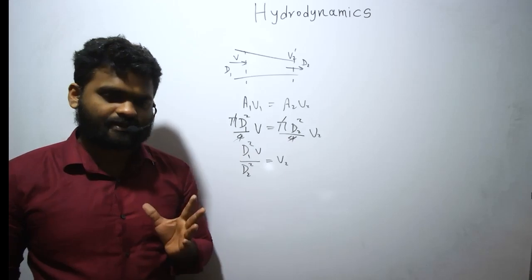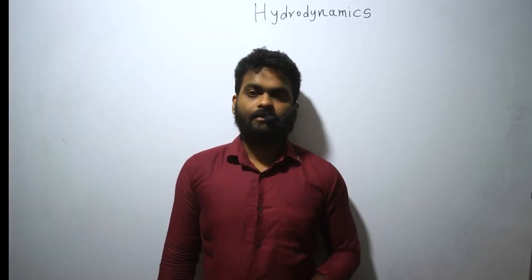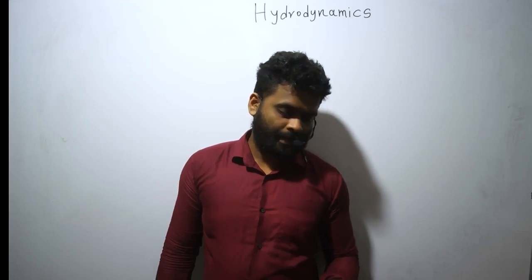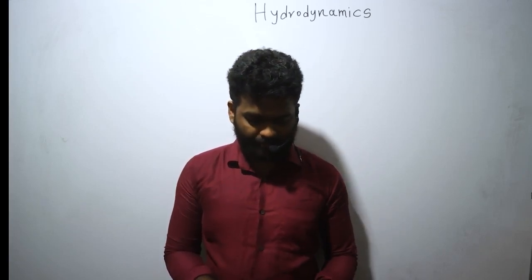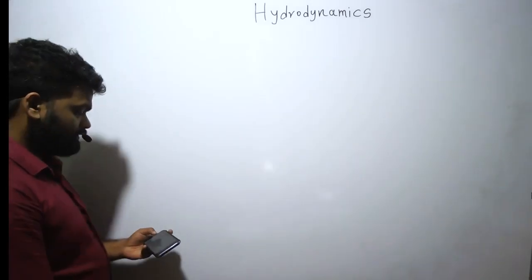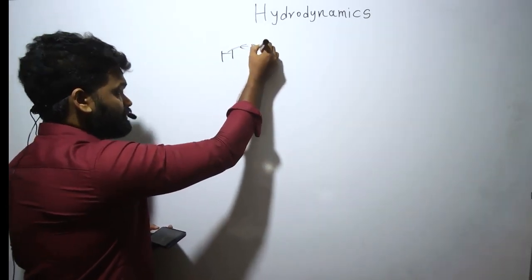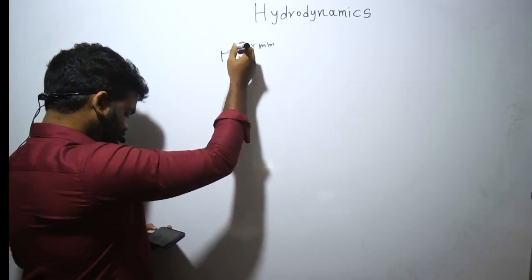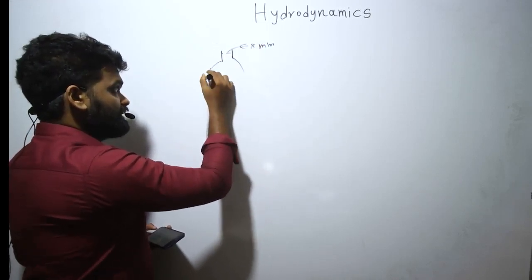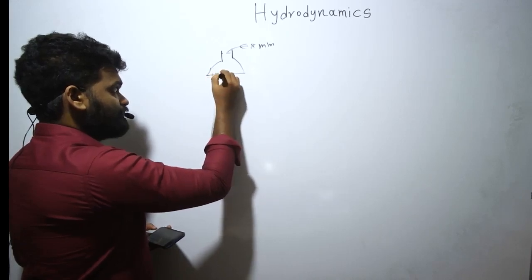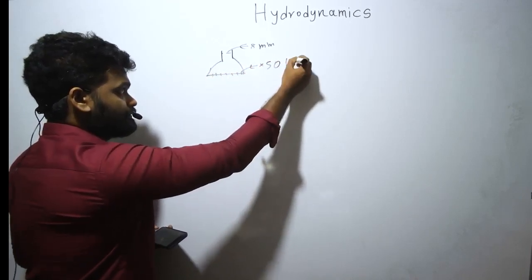These questions are simple, because this is a simple equation. Third question. A water shower pipe with a radius of 8 millimeters is provided, and the shower has 50 holes.